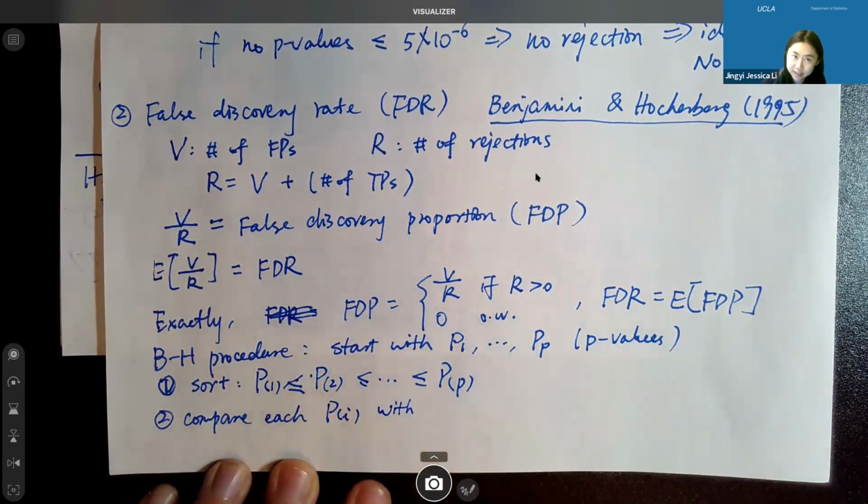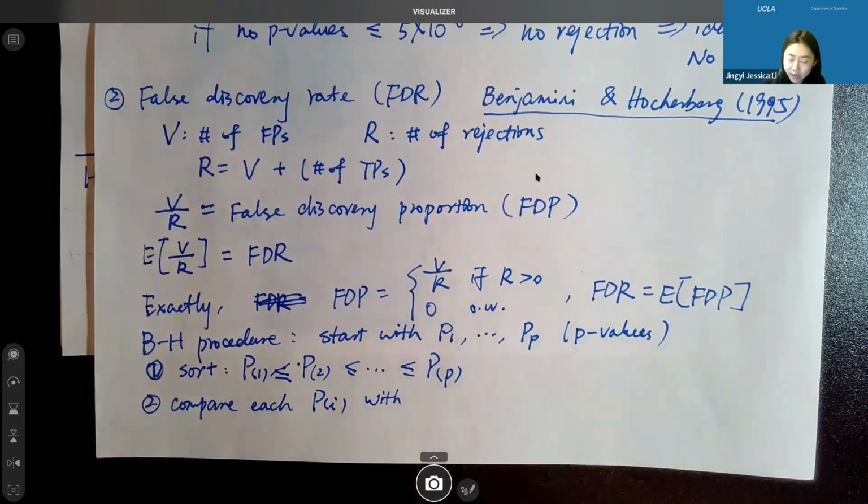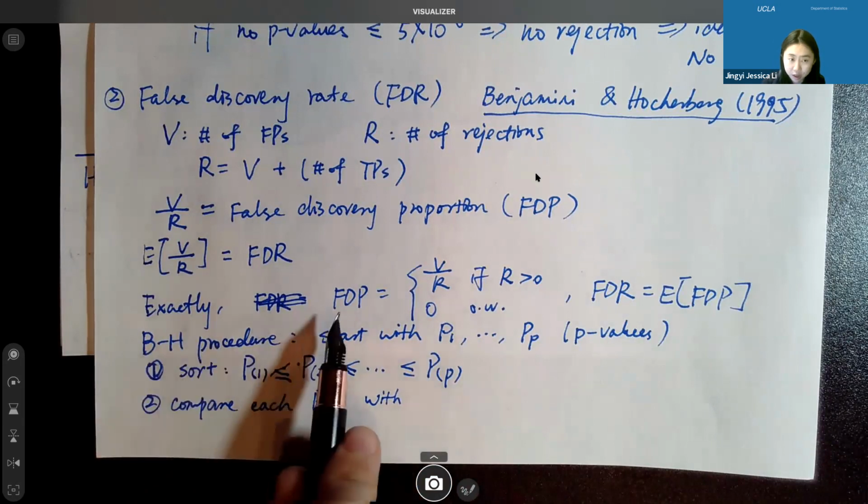The threshold uses, say, 5% as our target FDR, okay?